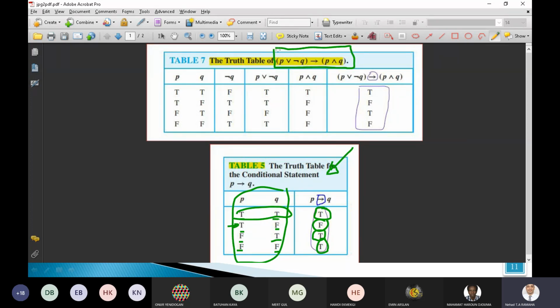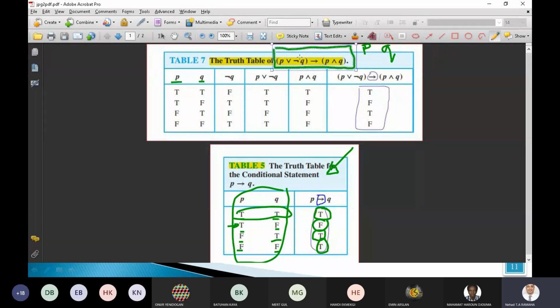To find it, first question: what simple propositions do we have? We have P and Q. That's why we need to get all possibilities for P and Q. So we first make all the possibilities for P and Q.